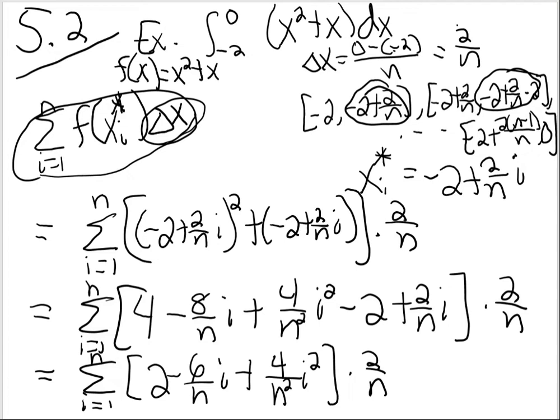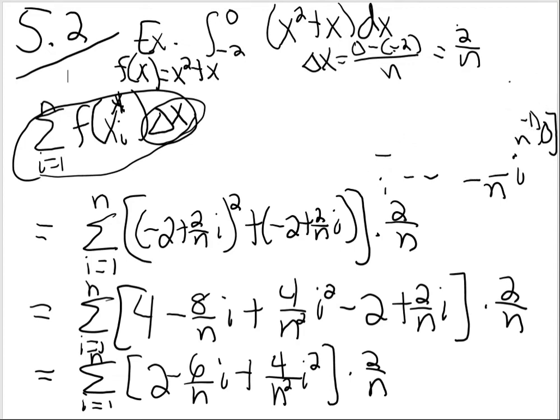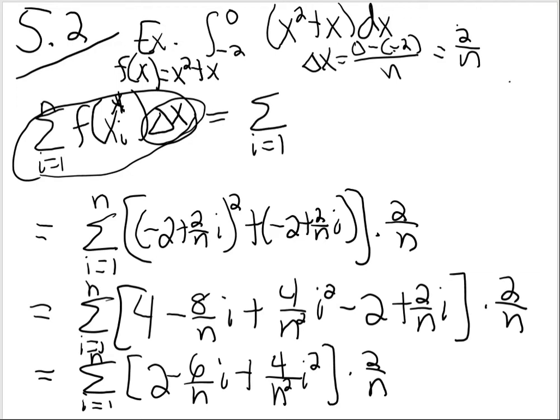Okay. Let's clear some space. We can multiply that 2 over n term on the inside.